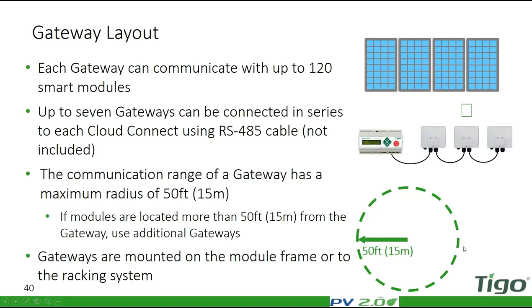Since they speak wirelessly, they do have a radius of reception, basically just like your phones. If you get too far away from the cellular tower, you lose reception. Same thing with the optimizers and the TS4 retrofit units. You need to stay within 50 feet or 15 meters from a gateway in order to have good wireless reception.